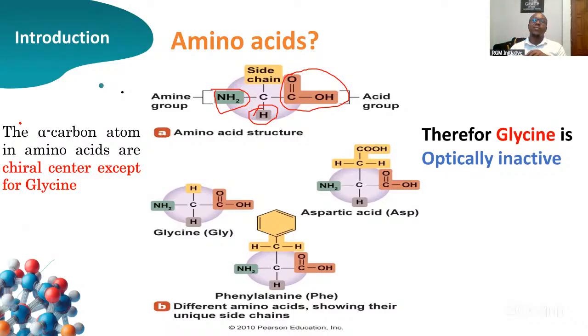In amino acids, the alpha carbon is where the amino group is attached. That is why they call them alpha amino acids.